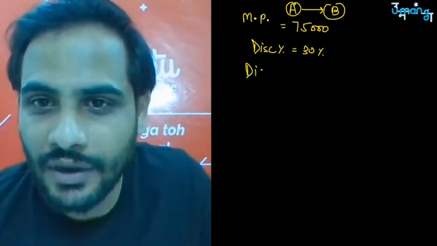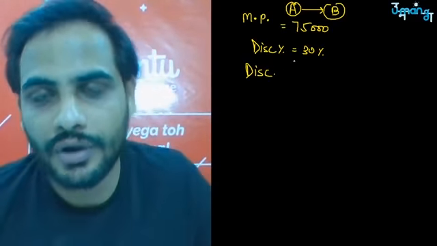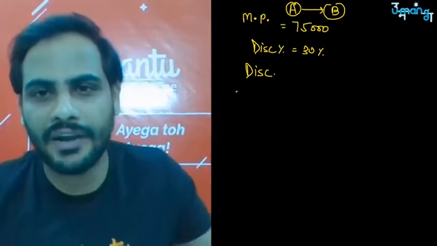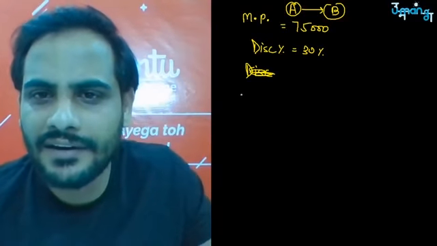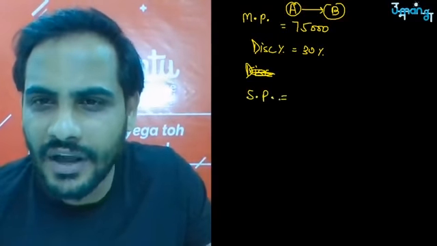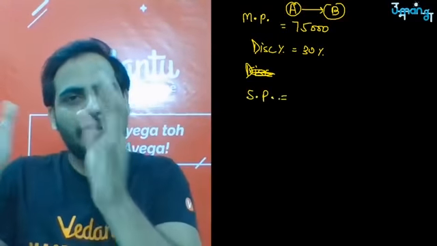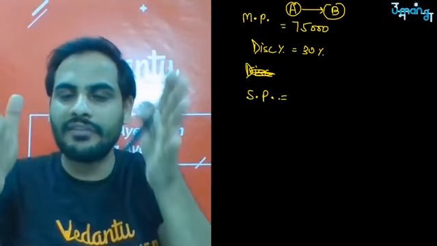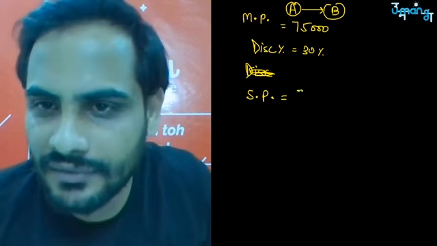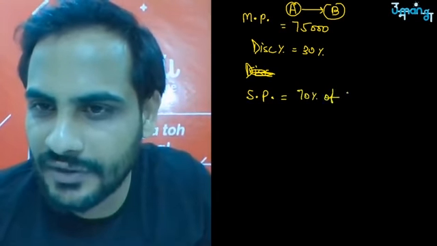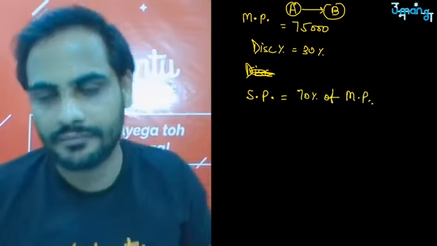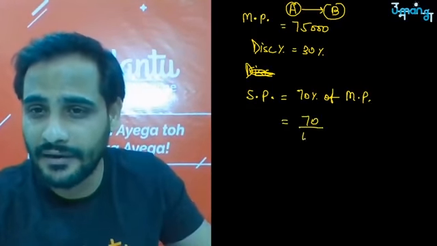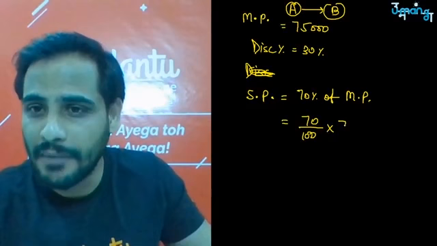So mark price minus discount is your selling price. Or directly, if discount is 30 percentage, the remaining is your selling price. From 100 percentage, 30 percentage you have removed, so selling price will be 70 percentage of the mark price. So selling price is 70 by 100 of the mark price.